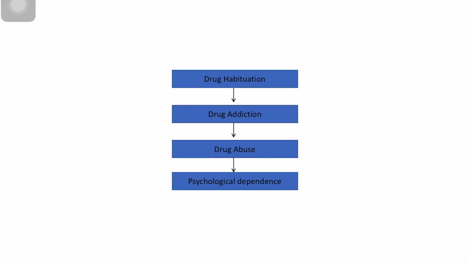Eventually it develops psychological dependence, where a particular psychological state is achieved only if the drug has been provided. And eventually physiological dependence, where if the drug isn't provided to a person, the body will respond adversely. So this is how the process of drug dependence develops.